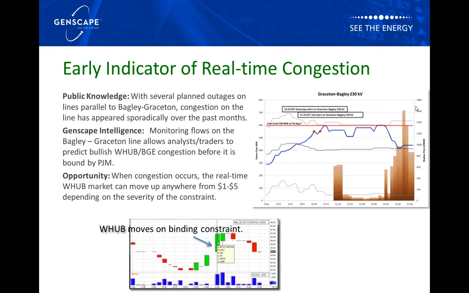So you can see a significant movement in the West Hub price, and our customers were able to see that, within a minute to 15 minutes sometimes ahead of the market. They can go ahead and say, okay, it looks like this line has a high probability of congesting. I can go ahead and use that data and that information to make some trades in real time for the West Hub.